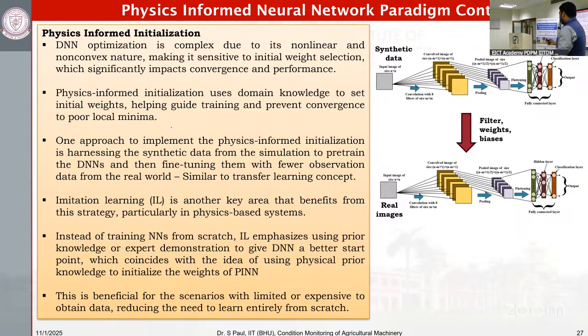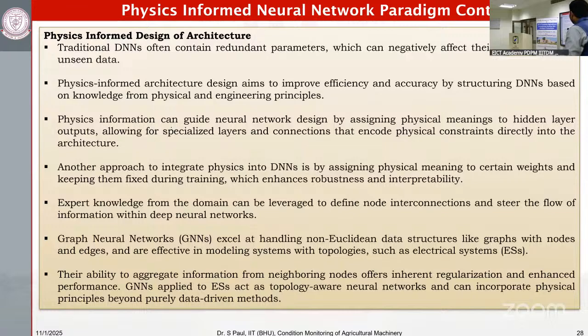Then the third thing I told you is the physics informed design architecture. Let's say you will not design your ANN or CNN model for only one purpose. We have multiple purposes, so we will make one system, and that tool can serve the entire agriculture system.